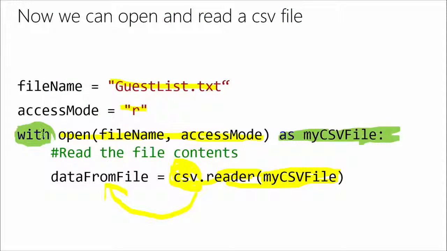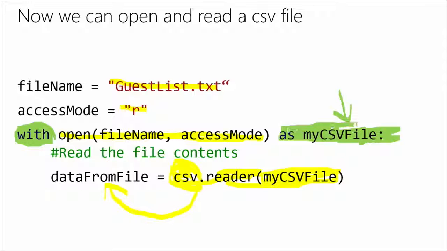Right. When you use this syntax to open a file, it's basically designed to help protect you. When you say with open file as and give your file a name this way, instead of saying my CSV file equals open file name access mode, instead I'm saying with open file as, and this is the file name here, my CSV file, you can call it anything you like.